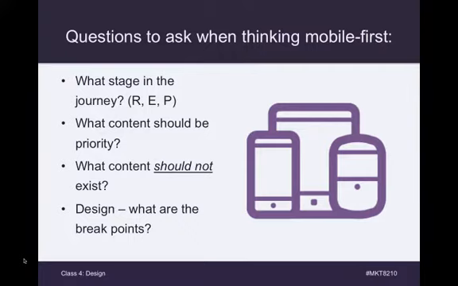A big question you have to ask on a mobile device is, what content do I need to show first? Or do people come to my mobile site for a reason? Is there a common reason why people would use a mobile device to come to my site? I'll give you an example. Think about a restaurant. If you're looking up a restaurant on your mobile phone, what are you most likely looking for? Anyone?